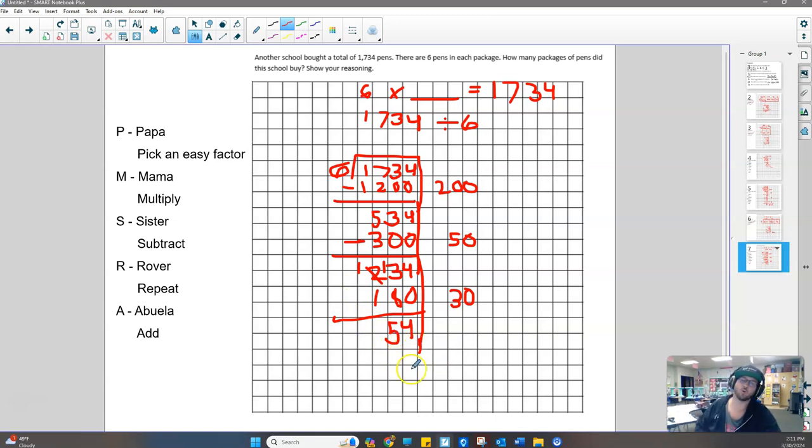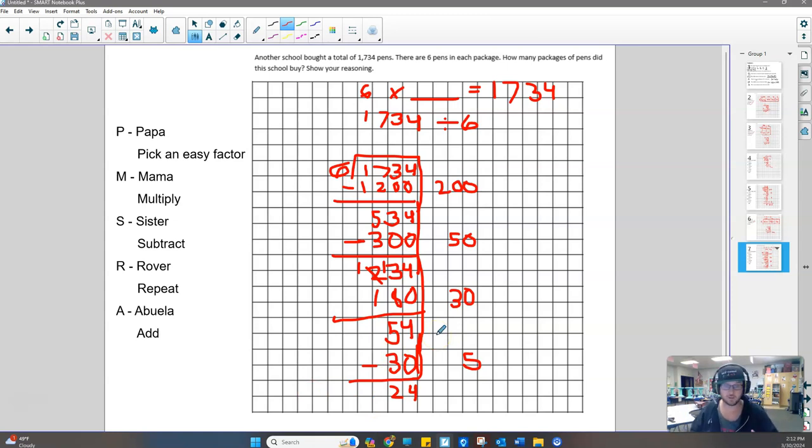Now 54, I can take these away one at a time. I could maybe throw up a 5 to make our math a little bit easier. 6 multiplied by 5 is 30. Rover repeat. And this is why I said we're probably going to get close to running out of space. 24. Now just for lack of space, I could continue to subtract these one at a time if I needed to.